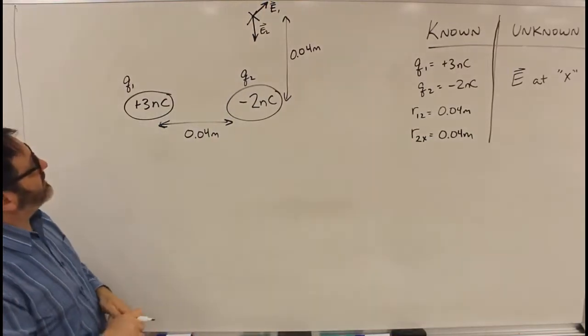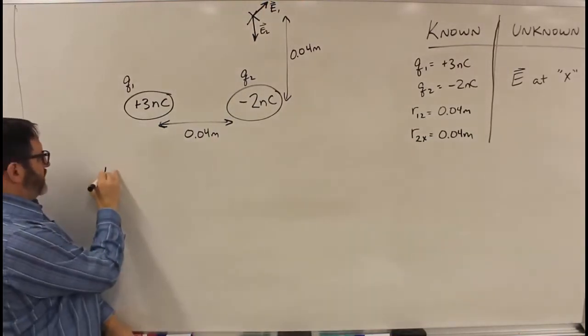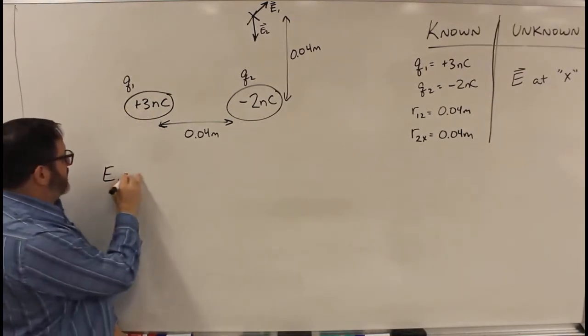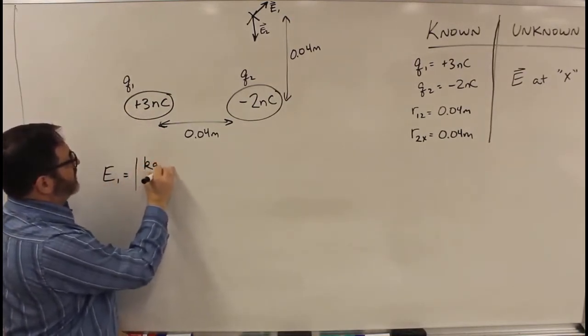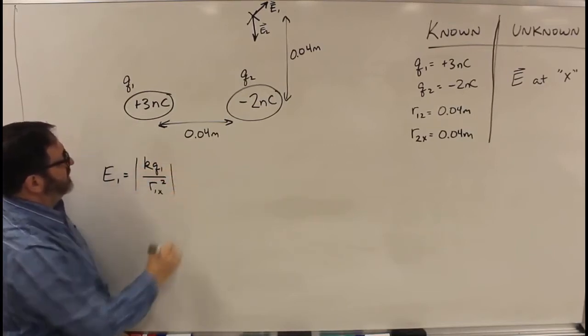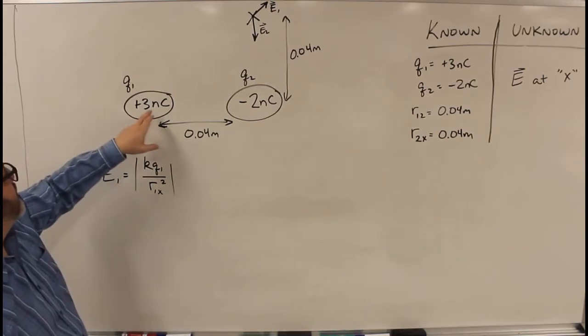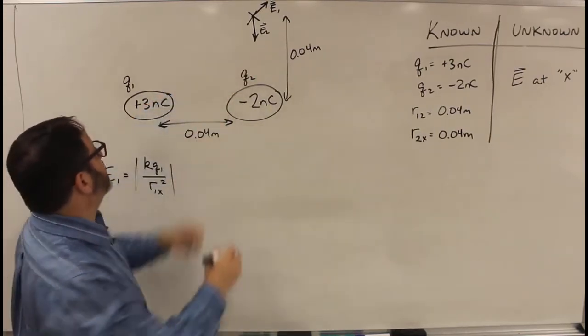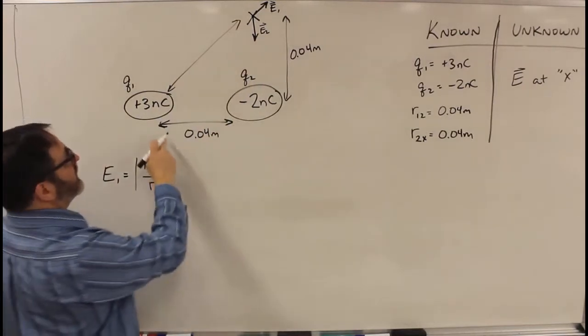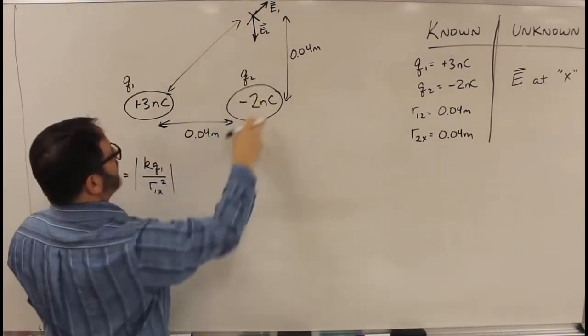What about the magnitudes? Well, the magnitude of field from 1 is KQ1 over R1x squared. What is R1x? That would be the distance from here to here. So I need that distance. And if I look here, I've got a right triangle.